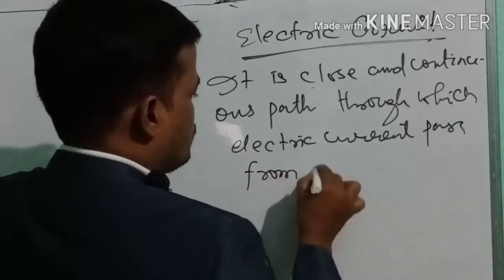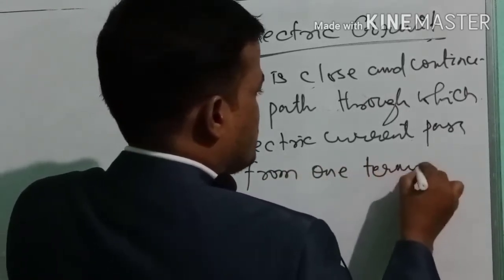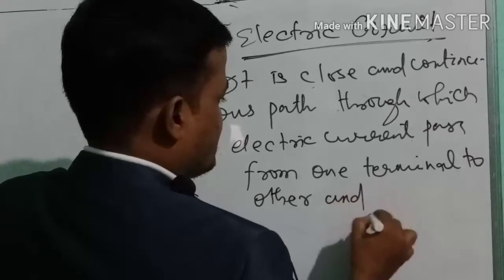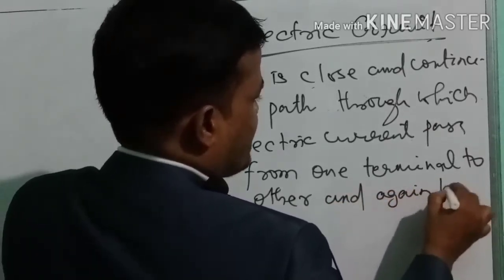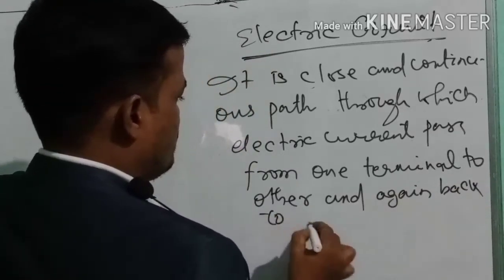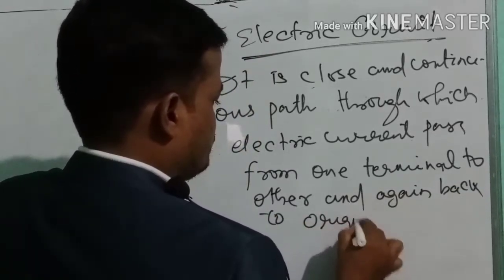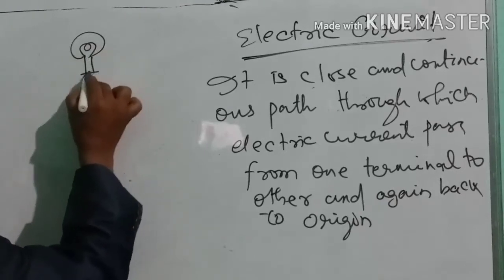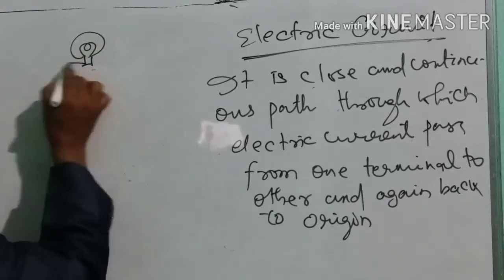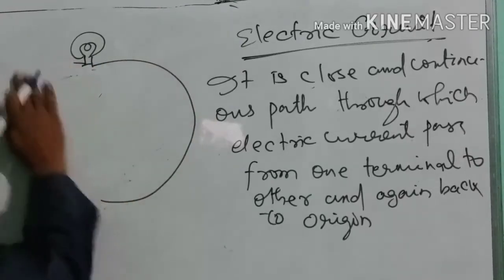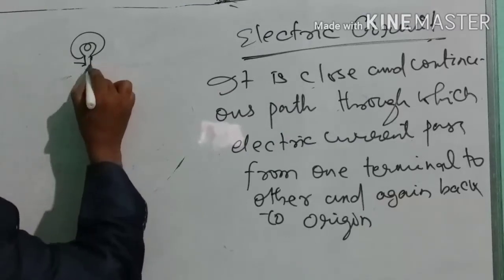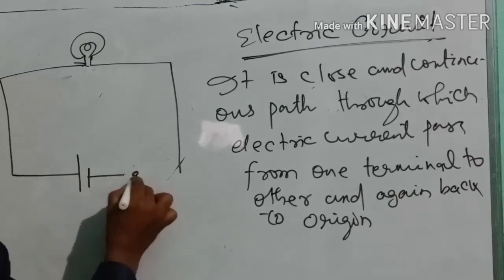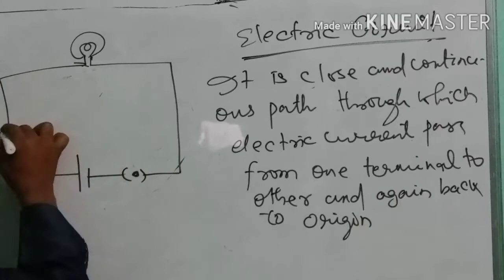and again back to the origin. So suppose you see here, this is your cell, this is your switch, this is your wire.